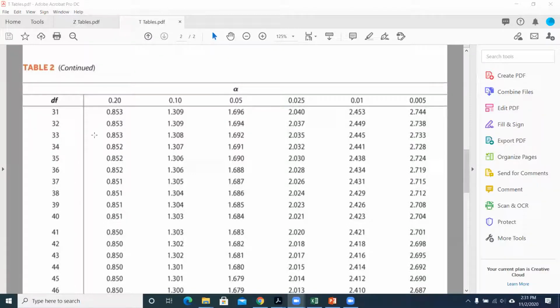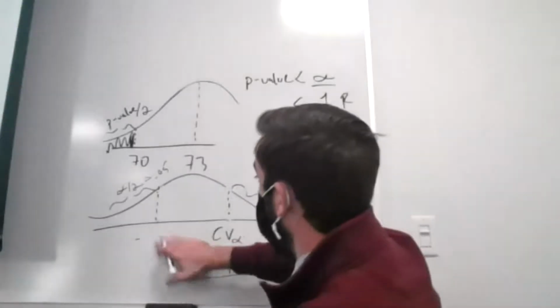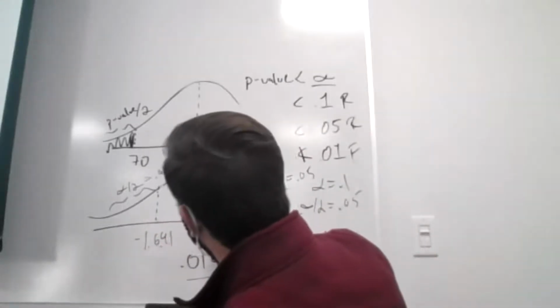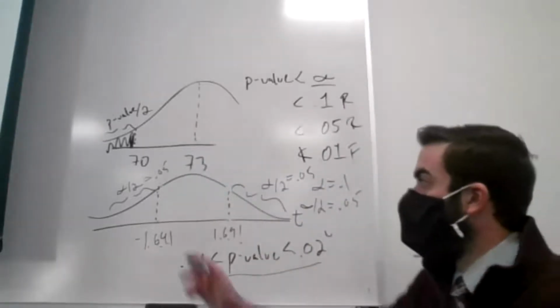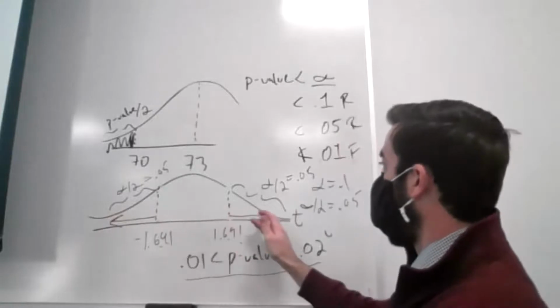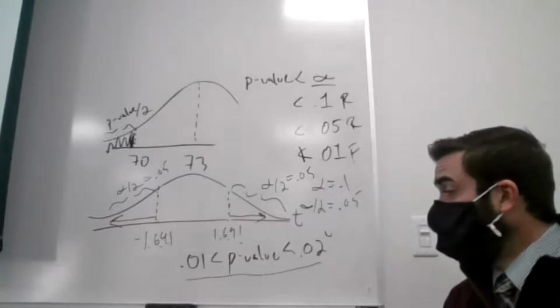Area I want in the tail is 0.05. 1.691. Okay? So 1.691 will be my critical value, but remember I have two of them. One negative and one positive. Right? My rejection regions, anything that's greater than them in absolute value, or kind of draw the arrows in our tail.